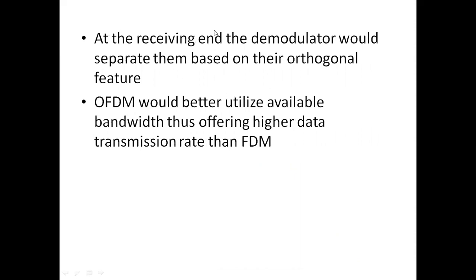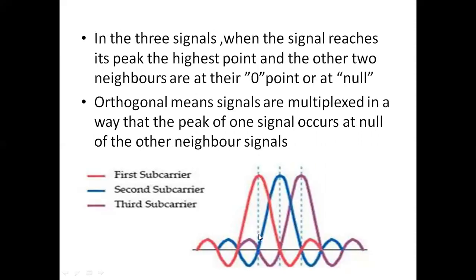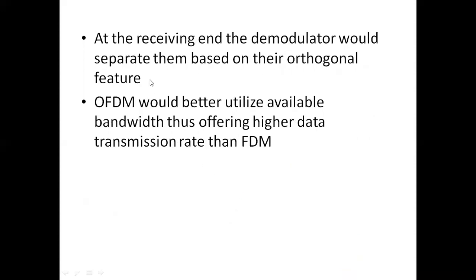This is the case at the transmitting end, and at the receiving end we have a demodulator. The demodulator separates them based on their orthogonality feature. That is, the reverse operation is performed at the demodulator.